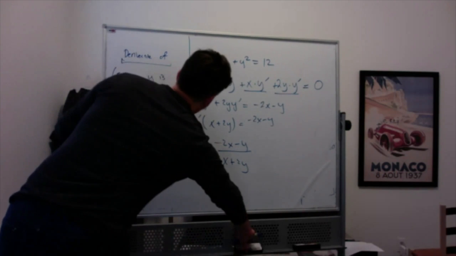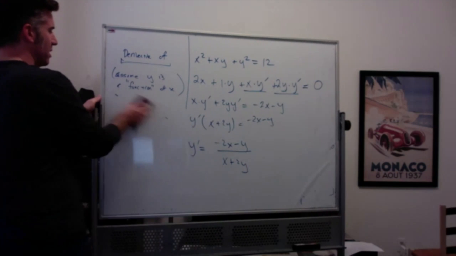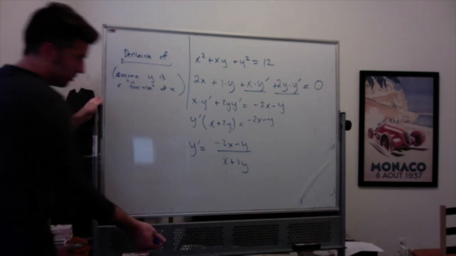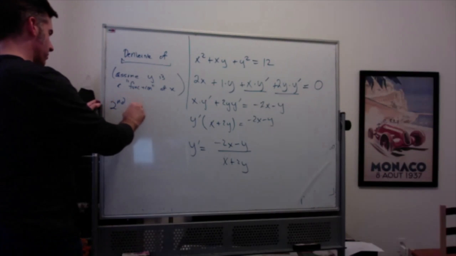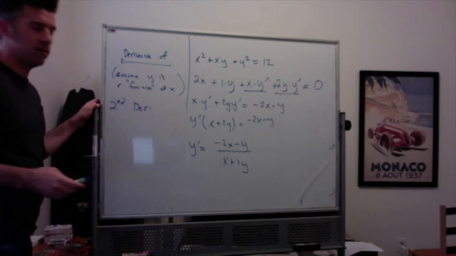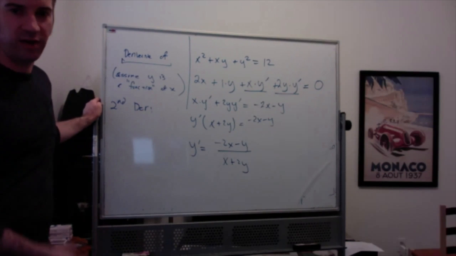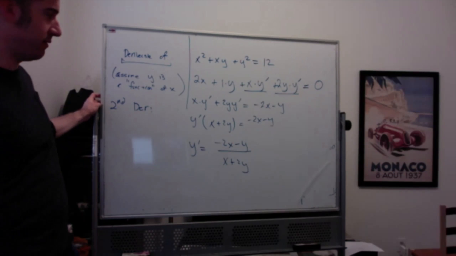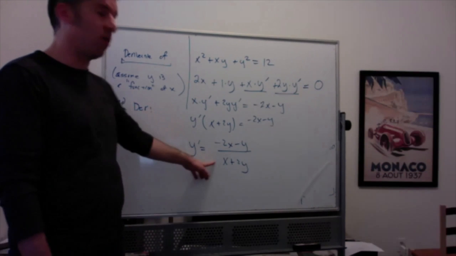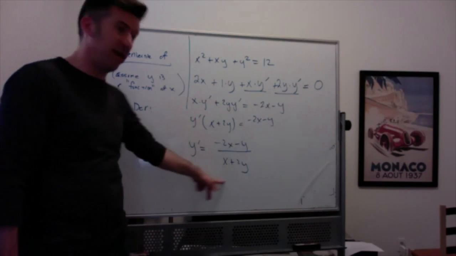Well, let's talk about the second derivative, because the second derivative of implicit is always kind of funky. So I want to find the second derivative. And 99 times out of 100, you're going to have to use the quotient rule, because 99 times out of 100, your first derivative is a quotient because you had to do this process where you're dividing by a thing.